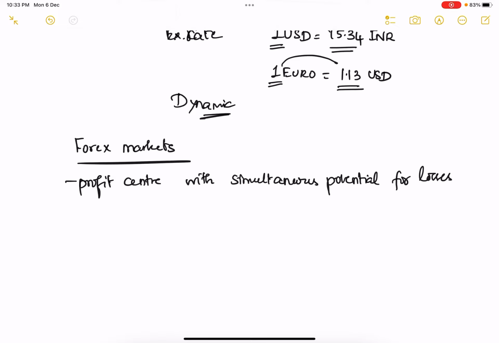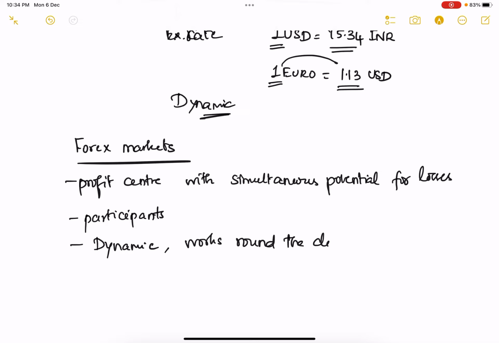There is a large spectrum of participants in a foreign exchange market. They include individuals, business entities, commercial and investment banks, central banks, arbitrageurs, and speculators who buy or sell currency across different countries. As I told you, foreign exchange markets are dynamic. They work around the clock, which is 24/7 at different time zones.